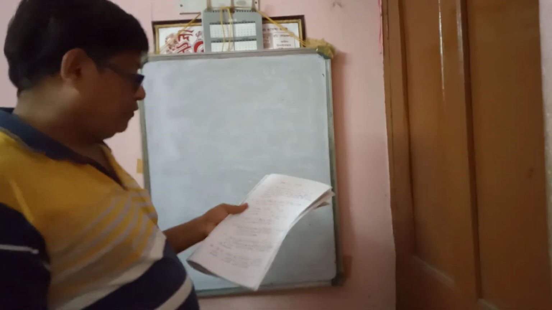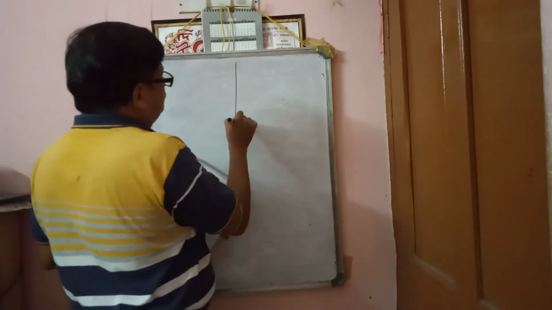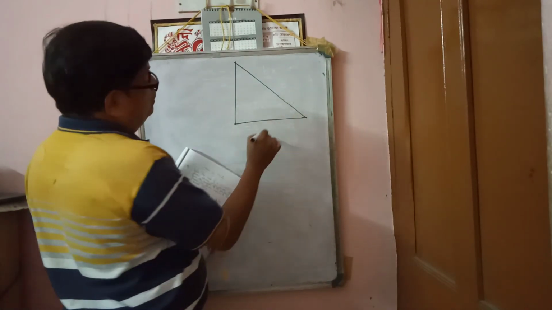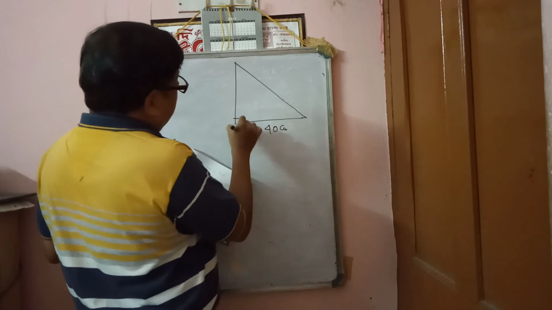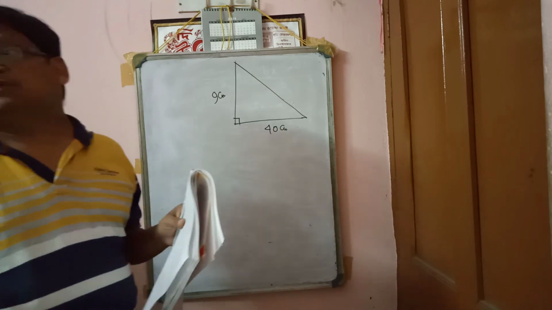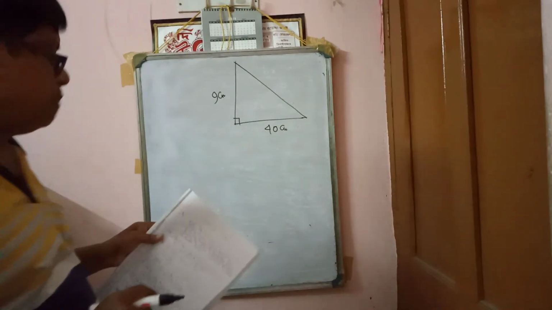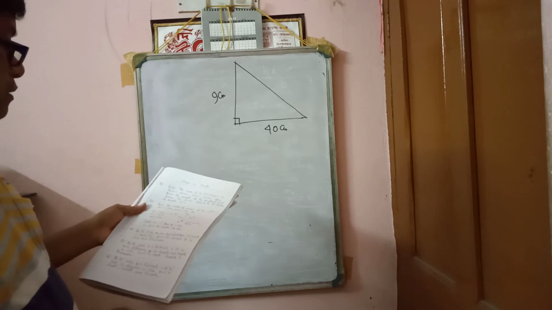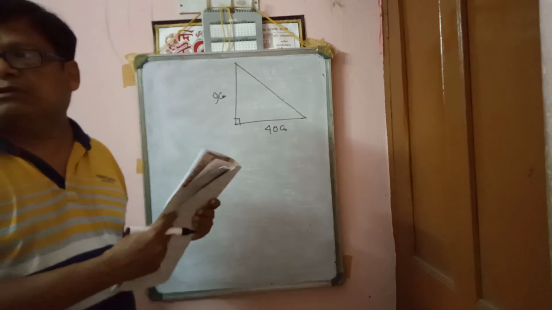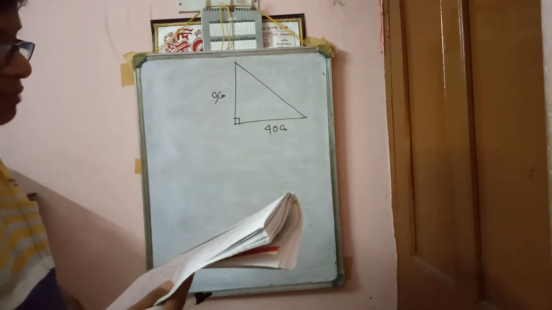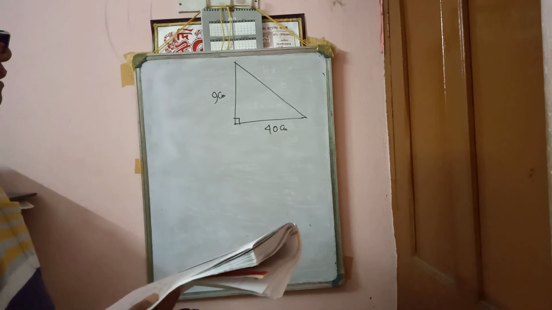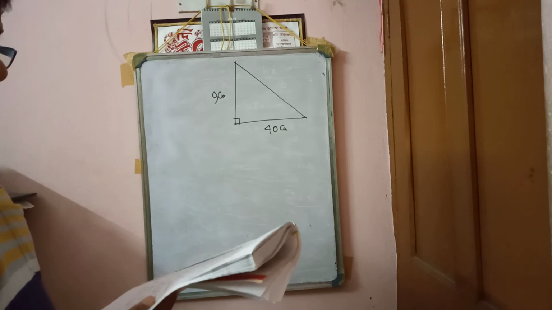Again, suppose this is a right angle triangle. So this is 40 centimeter, this is 9 centimeter. Angle B is 90 degree, given BC is 40 centimeter, AB is 9 centimeter.